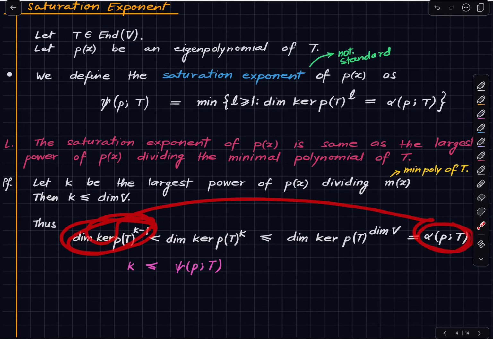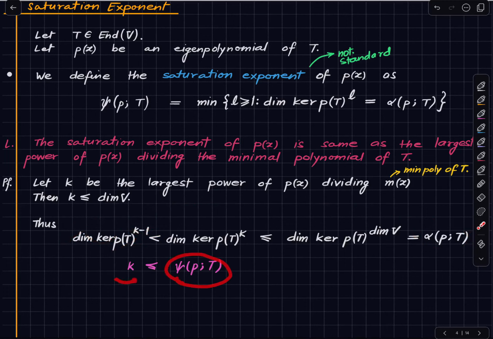So saturation hasn't happened up to k minus 1, and therefore the saturation exponent has to be at least k. The saturation will happen either at k or somewhere after k.